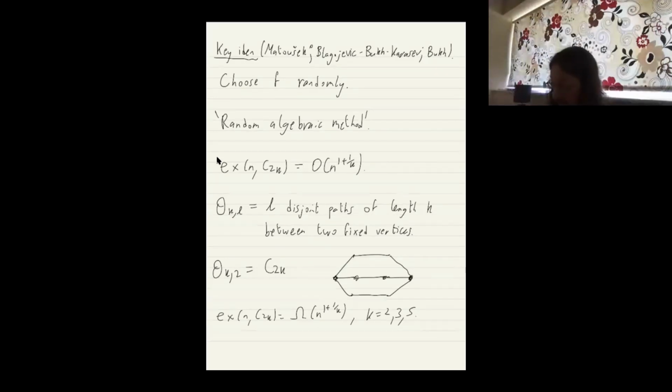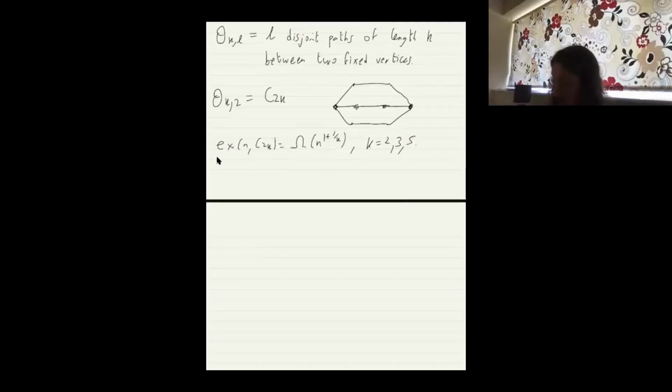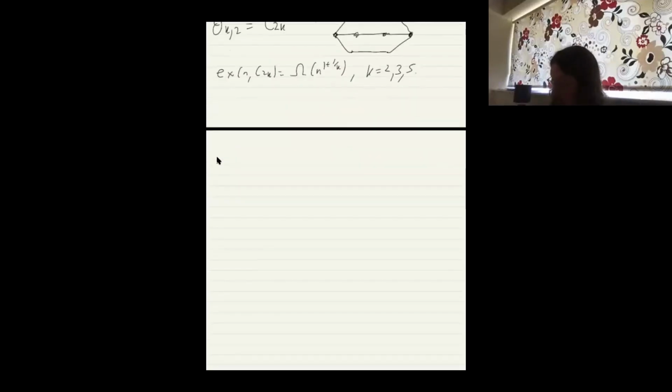And in fact, there's a nice result of Jason Williford and Jacques Verstraete, saying that actually the extremal number of theta_{4,3} is what it should be. So it's Omega of n to the 5 over 4.